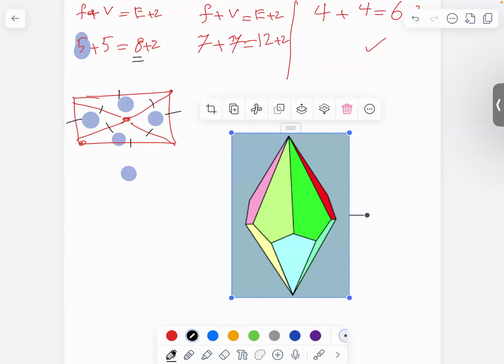Sorry, hexagonal bipyramid. So no, it's not a bipyramid. It's called hexagonal triple. Okay, I don't know. It's going to be difficult now. But what about this one? You have bases, like 4 of that.